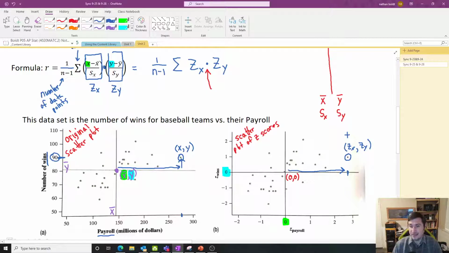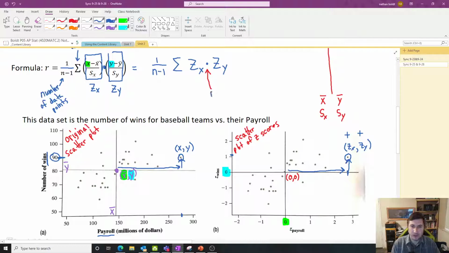How many standard deviations? Well, if I go up here, how far above the mean are we? That looks like maybe 1, maybe a little bit more than 1 above the mean. So that means that this y value, zy, is also positive.